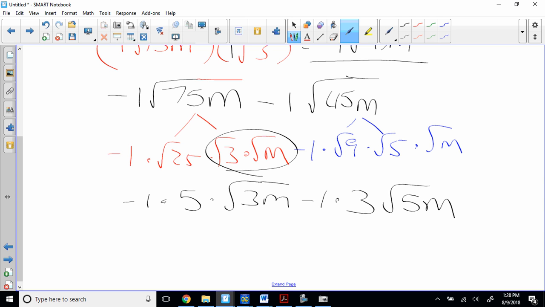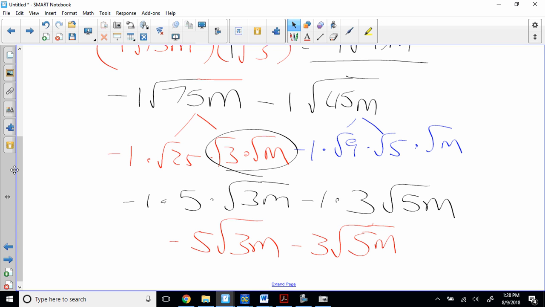And now I'm just going to finish my answer, which would be -5 square roots of 3m minus 3 square roots of 5m. Can I do anything with that, ladies and gentlemen? Ladies and gentlemen of the mathematical nation, can we do anything further? Nope. How do I know I'm done?